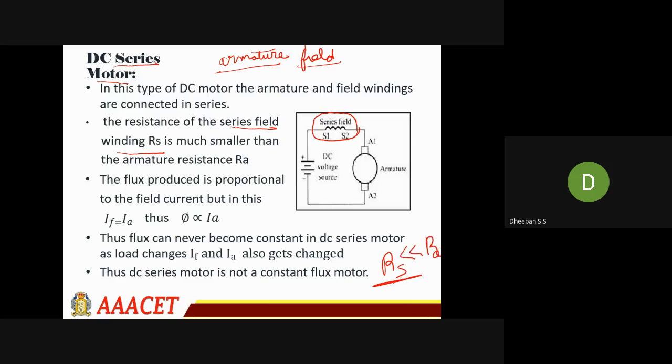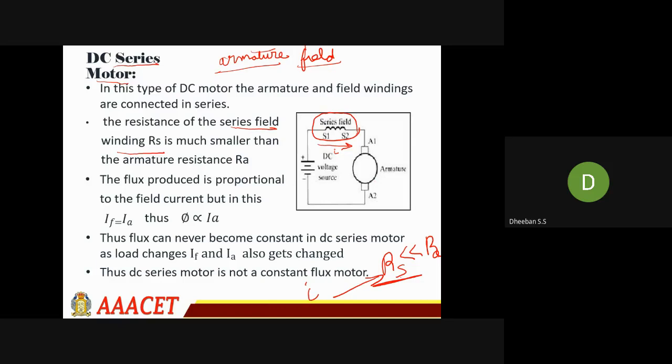This happens in order to reduce the limitation of the flow of current. That is, your current has to flow, right? In the series, excess amount of current has to flow. So for that purpose only, your RS will be very minimum when compared to your RA.